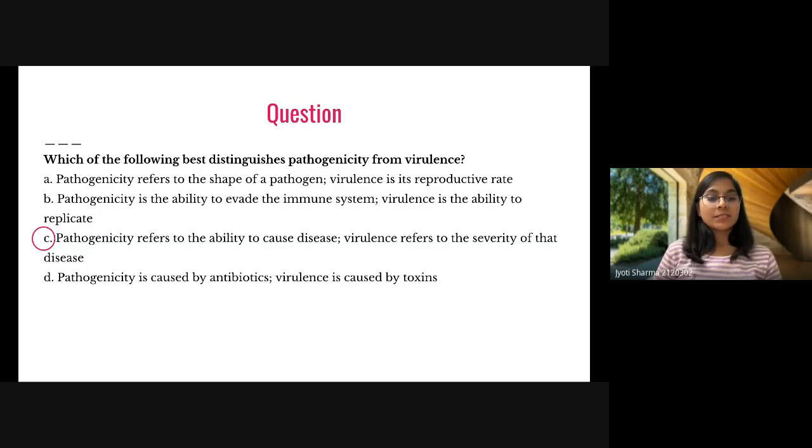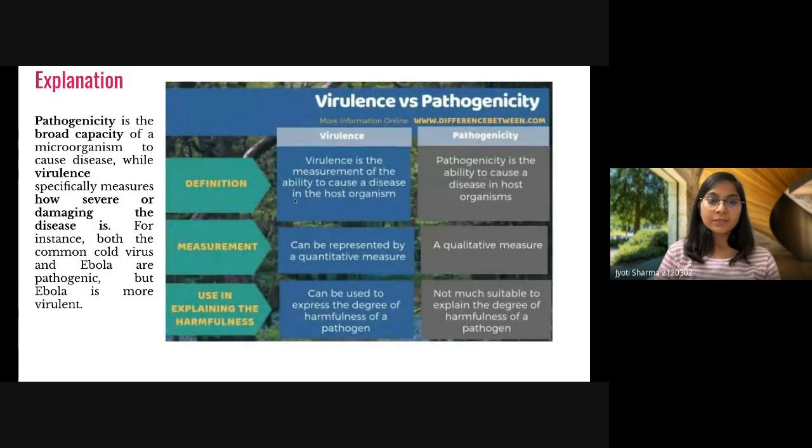Pathogenicity is the ability to cause a disease, and this is the property of the microbe. Based on that, pathogenicity is defined. But virulence is the severity of that disease, and I think in the next question we will clarify this.